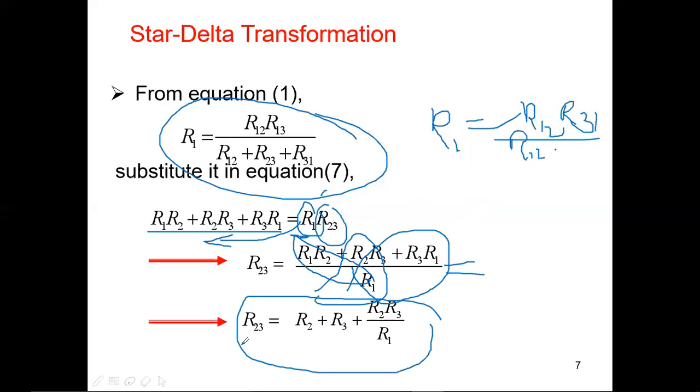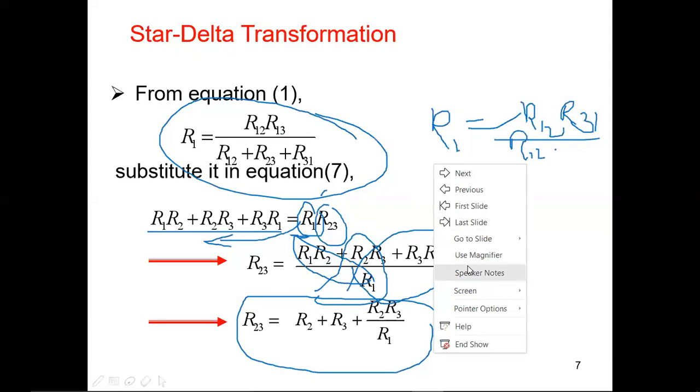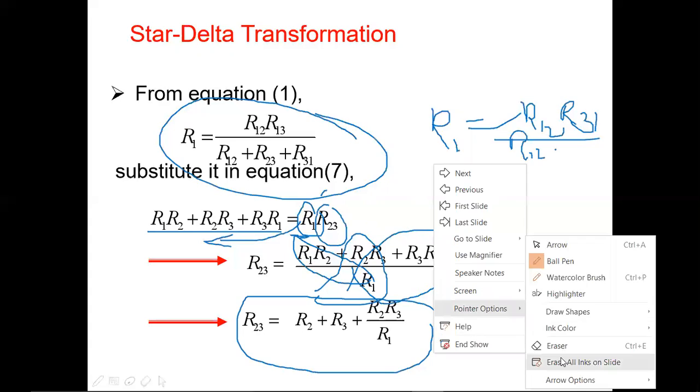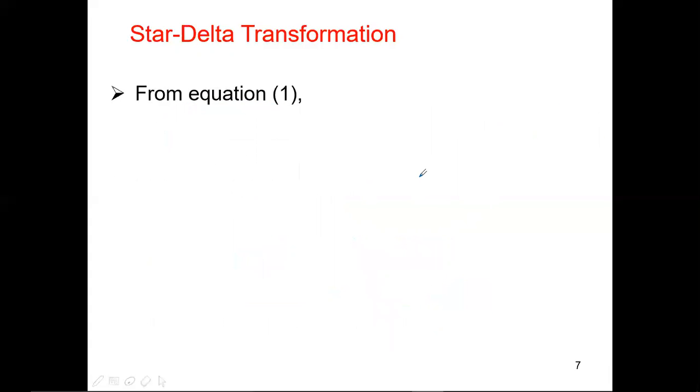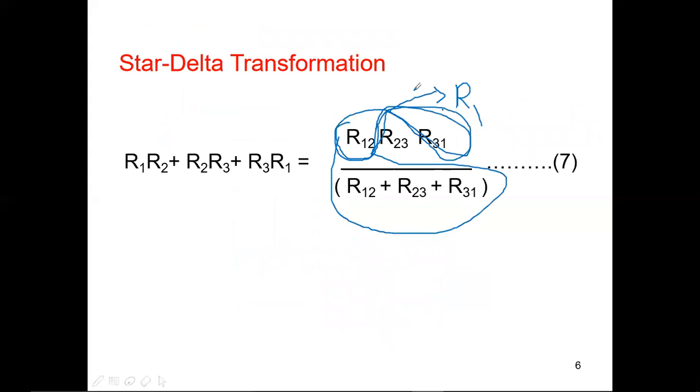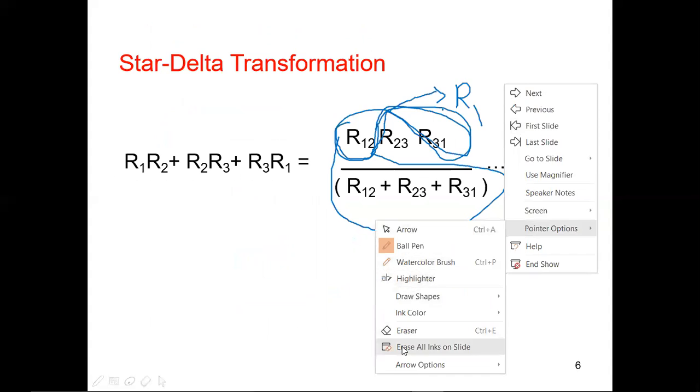If you want to find R12, similarly you can write the equations further. How can you write the equation? Instead of assuming R1, you can assume R2 also.